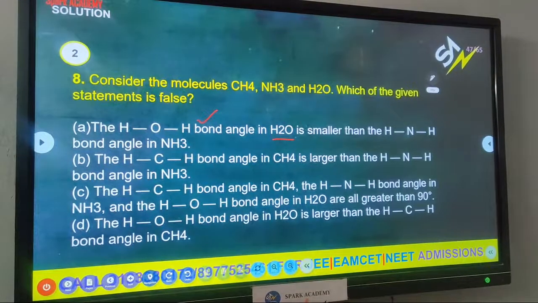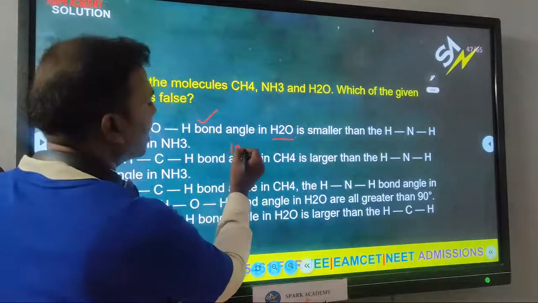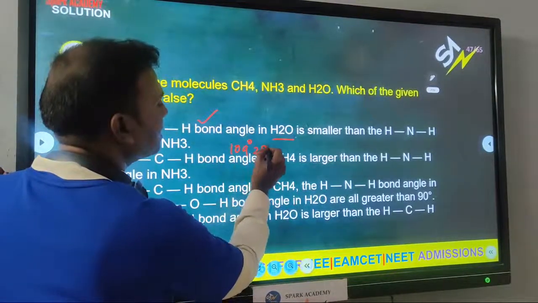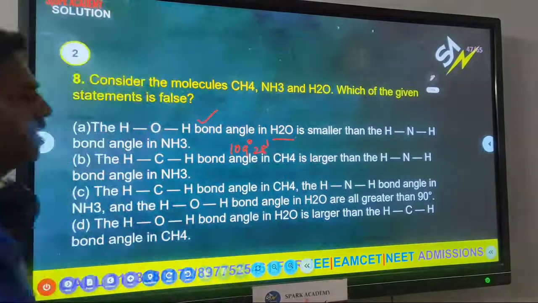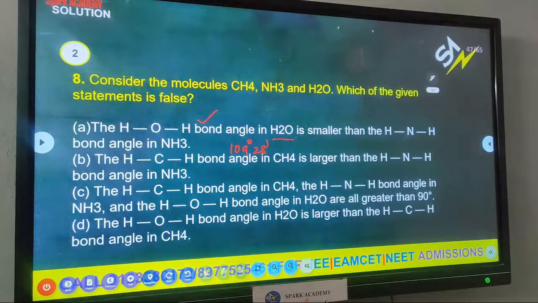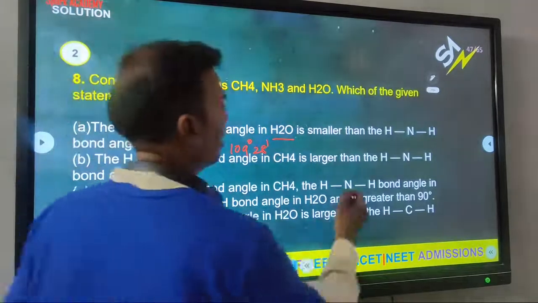Now B: the HCH bond angle in CH4 is larger than the HNH bond angle in NH3. What about the HCH bond angle? 109 degrees 28 minutes. What about the HNH? 107.